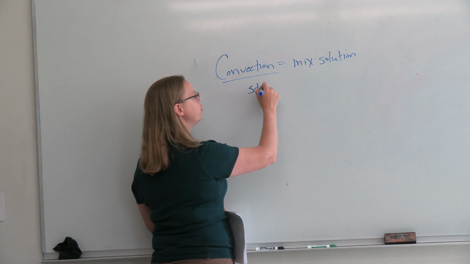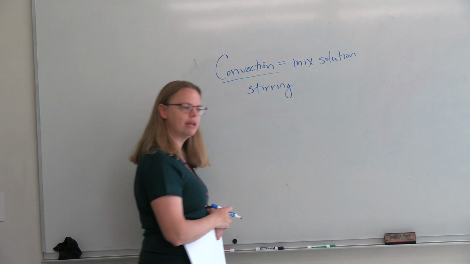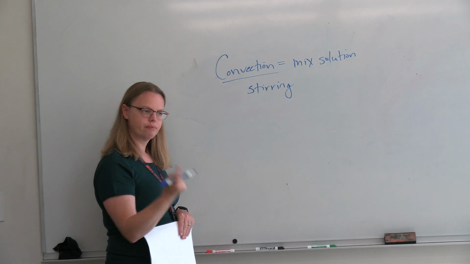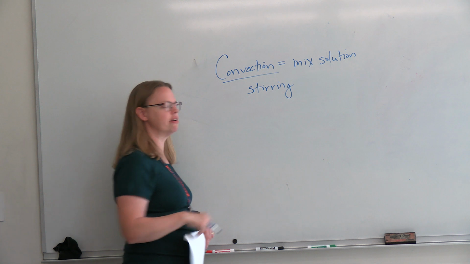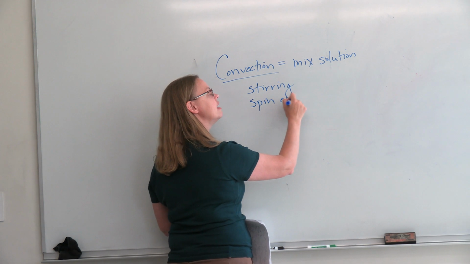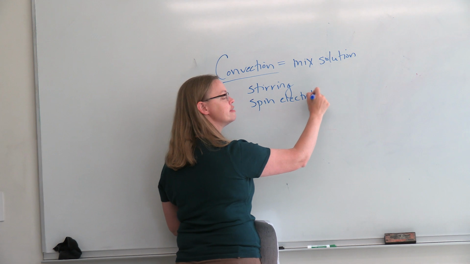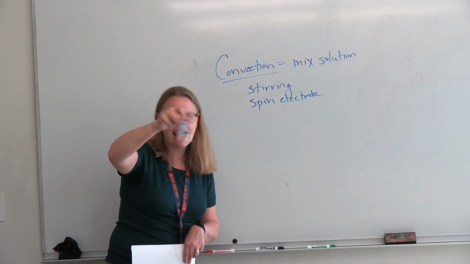And typically, if you read the textbook, it would tell you that you would get convection from stirring. But honestly, electrochemists are weird. Sometimes electrochemists spin the actual electrode to stir the solution. Rotating disc electrodes, that's a big thing.